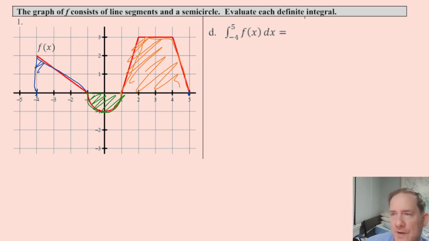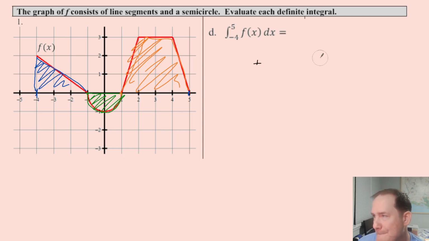So to solve this problem, the first thing I'd want to see you do is break this one big integral down to the sum of three integrals. The first integral being the one for this blue region, which would be the integral that goes from -4 to -1 of our function f of x dx.